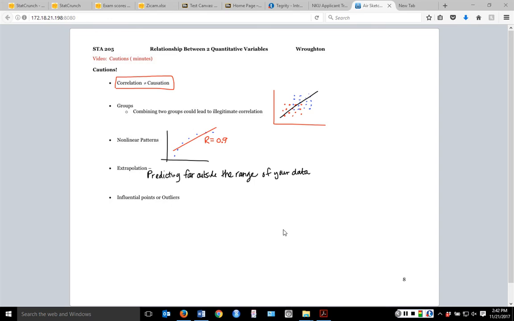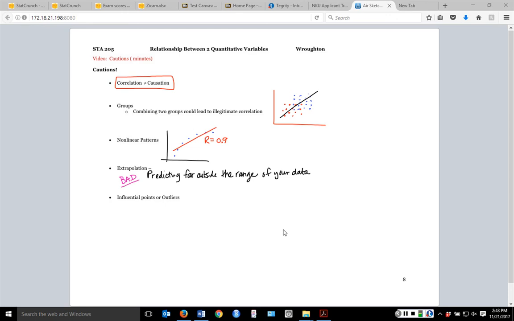It's probably reasonable to use the last 20 years to predict what's going to happen in the next couple of years. But if I try to use the last 20 years of data to predict what's going to happen 20 years down the road, that's not going to give me a very accurate picture, because that's so far outside where I have data that I really don't know what's going to happen. Some people will use this fancy word because a lot of people won't know what it means. The biggest thing to remember about the word extrapolation is that it's a bad thing they're actually doing here.